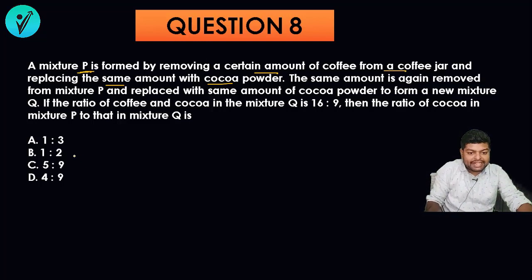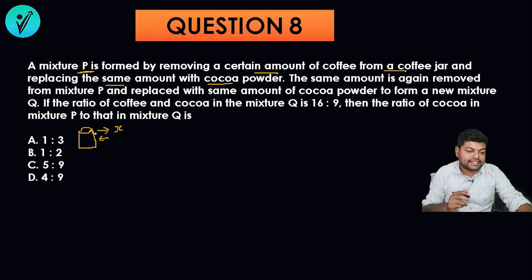So if I'll draw it diagrammatically, suppose initially I had pure coffee in this. Now from this, we have taken out some of the pure coffee and we are replacing it with cocoa powder. So this will form a mixture P.